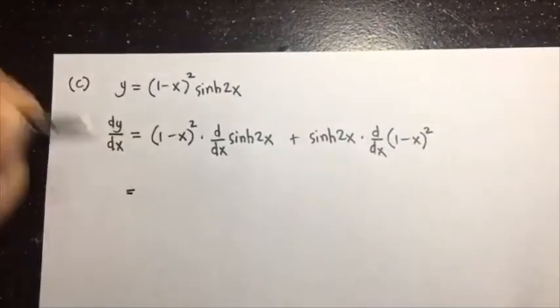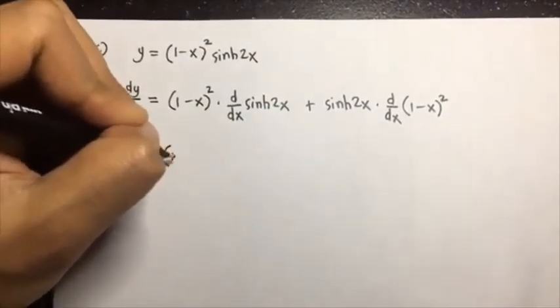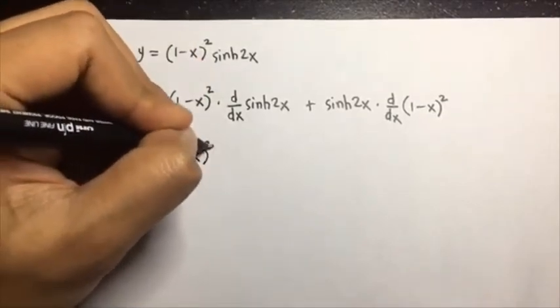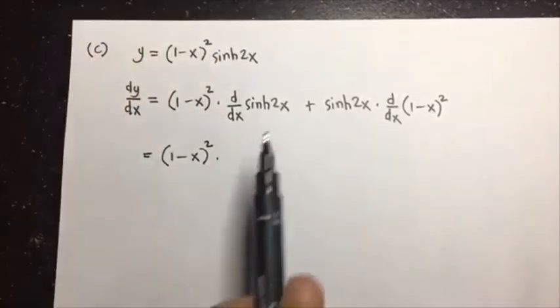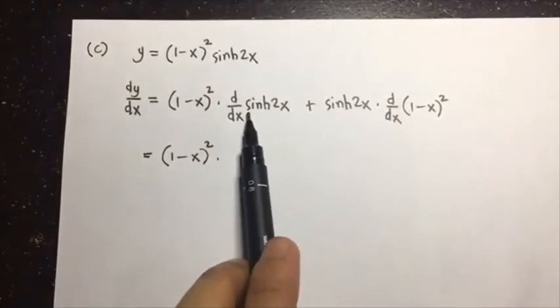So deriving, we will have 1 minus x squared multiplied by the derivative of hyperbolic sine.